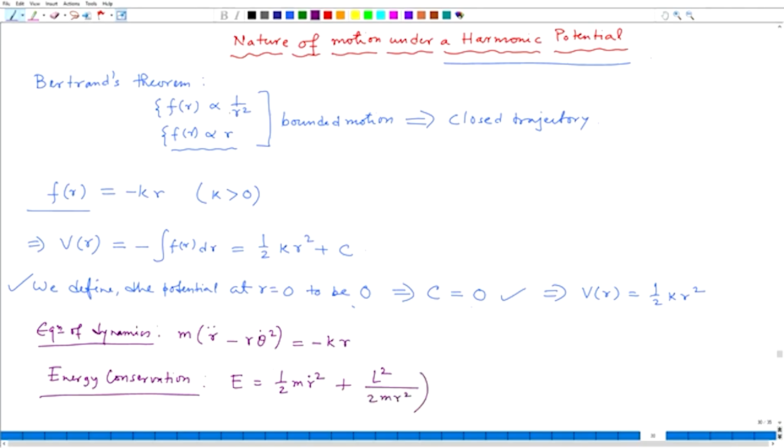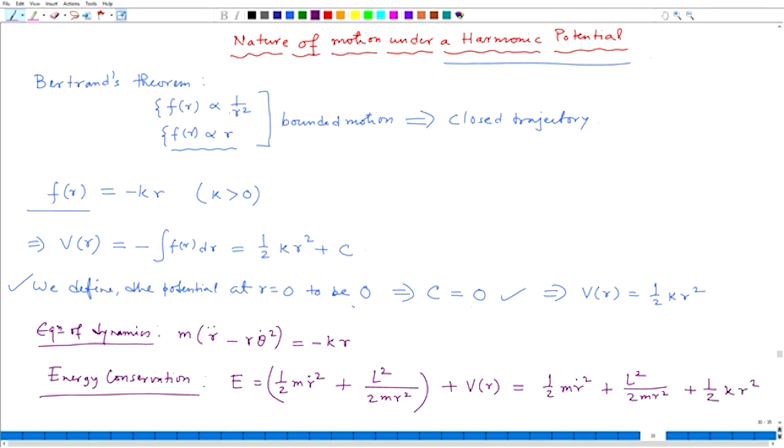This is quite general for all central forces, plus the true potential, which is different for different potentials. Here for our case it will be half m r dot square plus L square by 2 m r square plus half k r square.